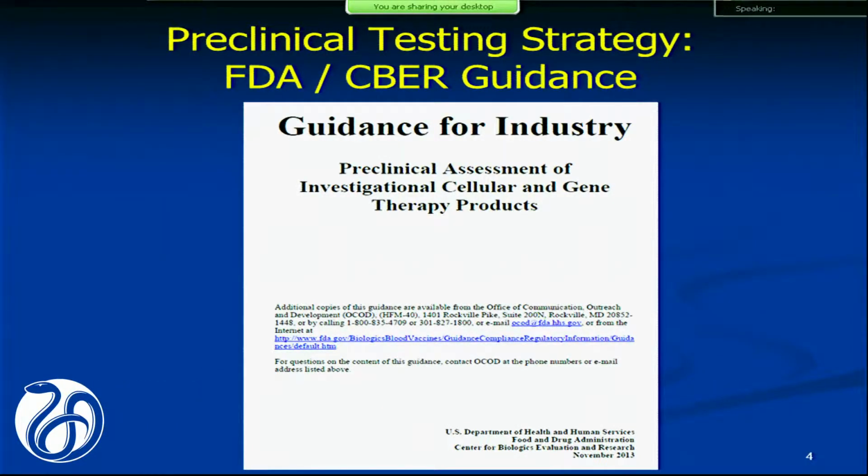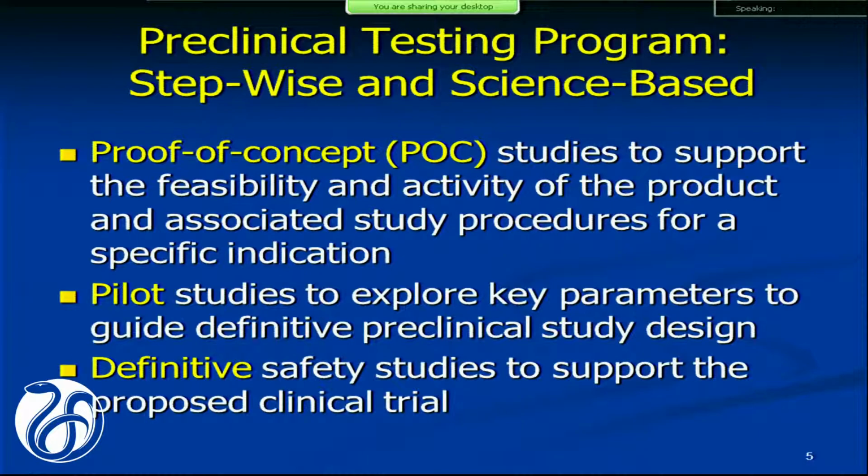And for preclinical testing strategy for cellular and gene therapies, we have a guidance document which was published about 1.5 years ago, Preclinical Assessment of Investigational Cellular and Gene Therapy Products. This guidance document clarifies our current expectations for preclinical data that would support the IND and BLA application. In the next two slides, I will have a high-level summary of the preclinical testing program. So preclinical testing program should be stepwise and science-based.